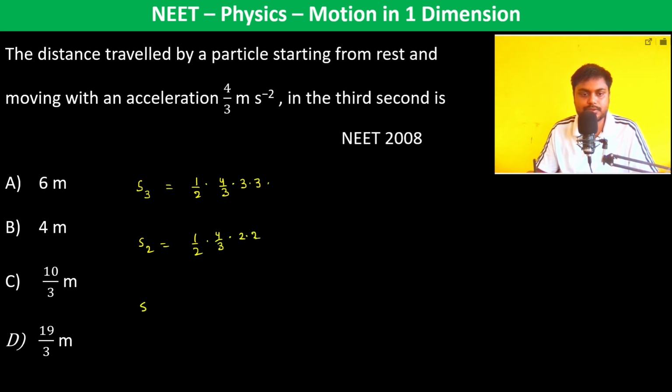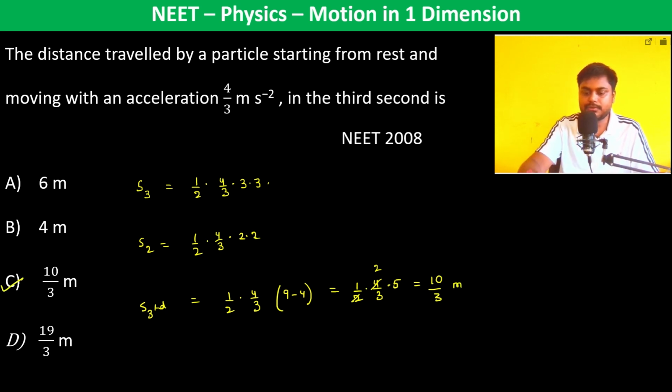So in the third second it has covered half into 4 by 3 into 9 minus 4, which is half into 4 by 3 into 5, which is 10 by 3 meters. So therefore C is going to be the answer.